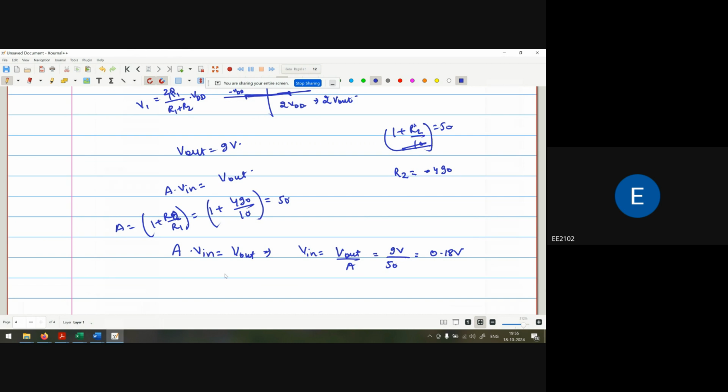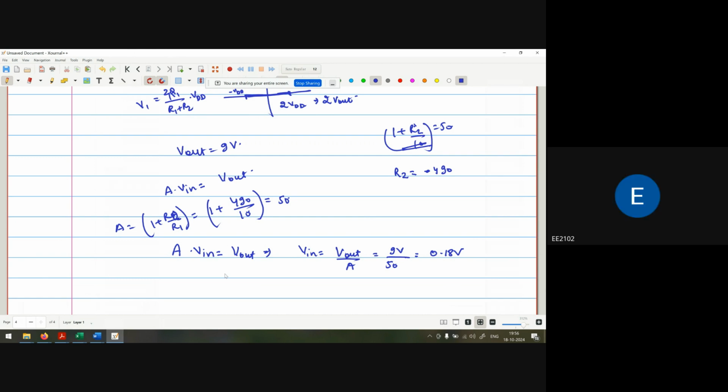The V in value may be the V plus value, or maybe the V minus value, depending on what is applied at V plus and V minus. But the difference between these two is the differential voltage.